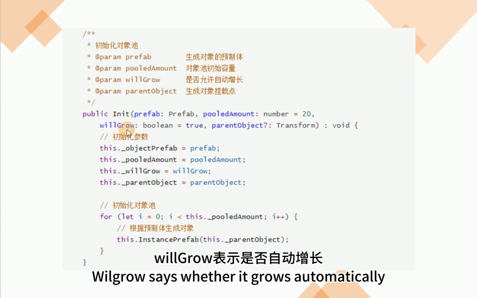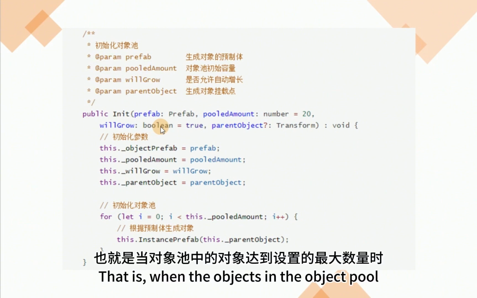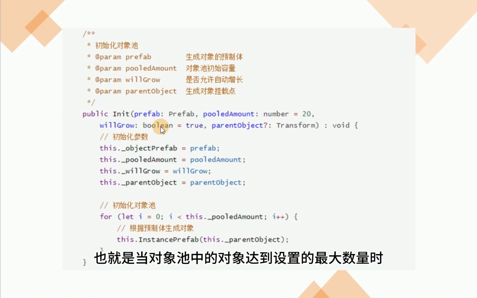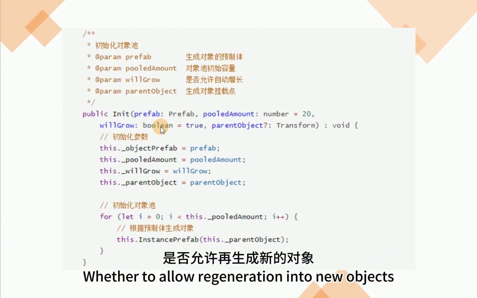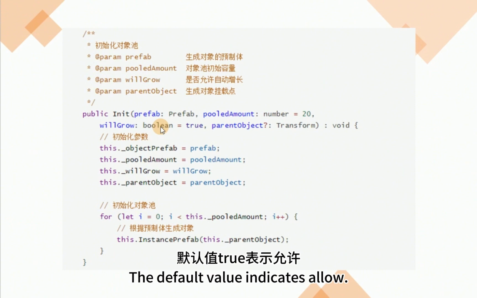The willGrow parameter says whether it grows automatically, that is, when the objects in the pool reach the maximum number set, whether to allow generating new objects. The default value indicates allow.